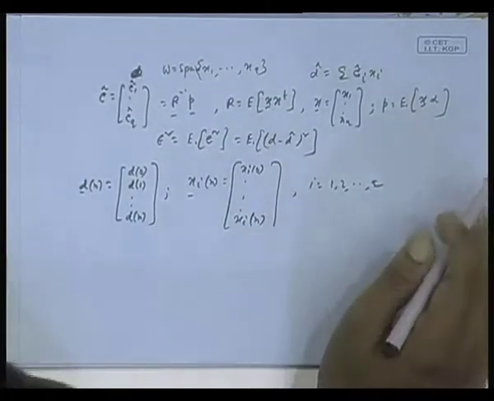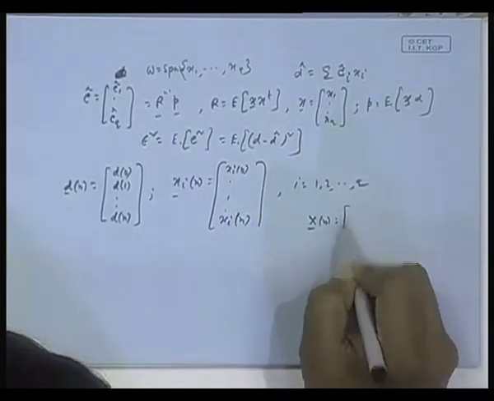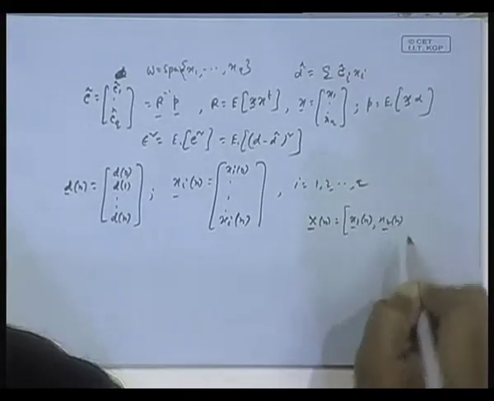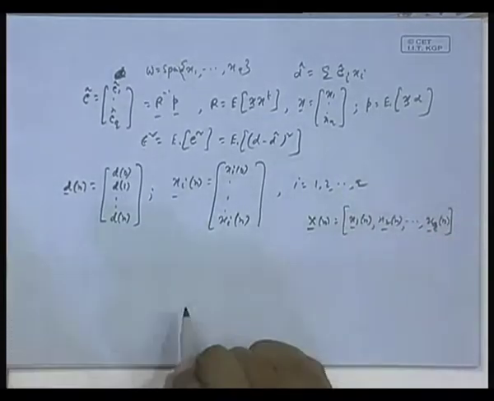Okay. And you form the matrix x n as first column is x1 n, second column is x2 n, up to xq n. Though it is repetition, I need to rewrite this, because I will be using this extensively today.